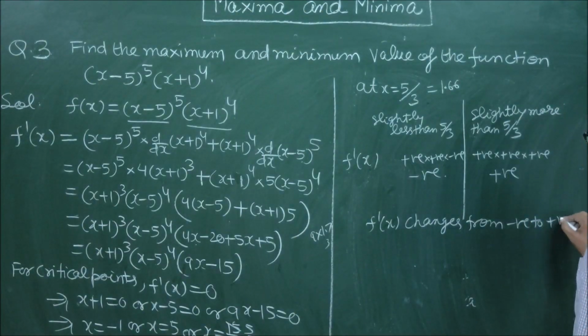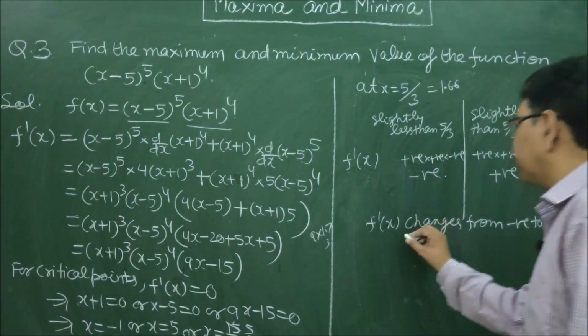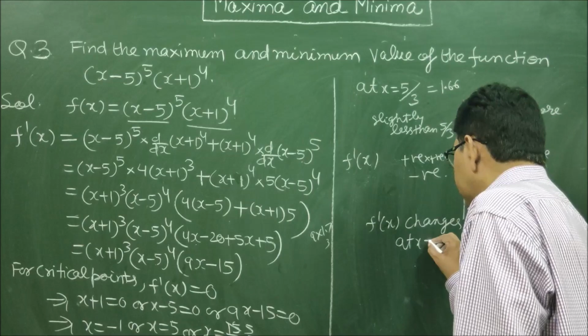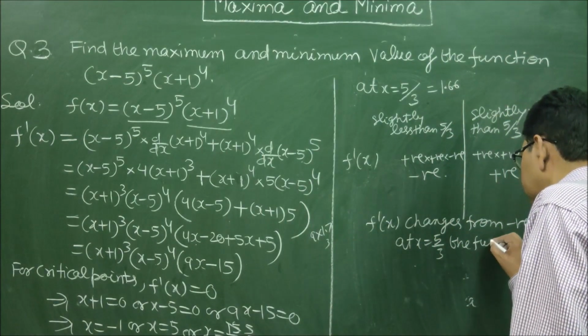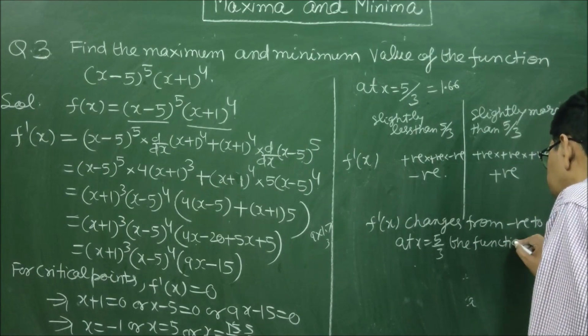Therefore, at x is equal to 5 upon 3, the function has local minima.